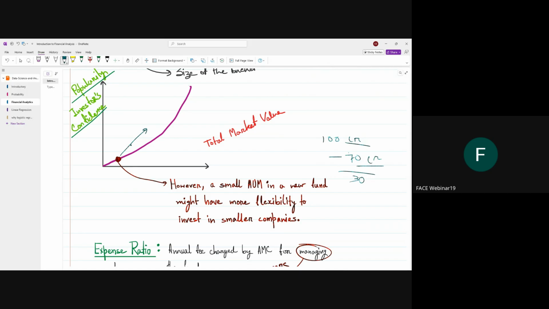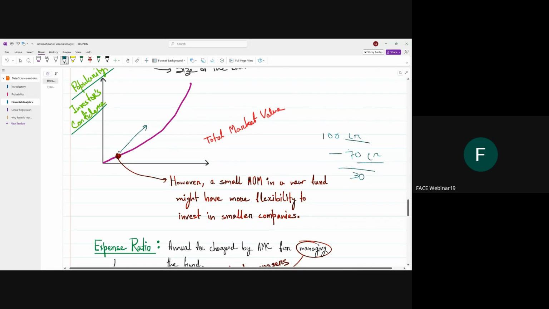So funds with very small AUM have the hint of reward that they can grow bigger. If a fund is small, your NAV, your per unit price, may be very small, like 10 rupees, and now it can grow to a NAV of like 30 or 300. Again, it can also go down, maybe to 7 or something.